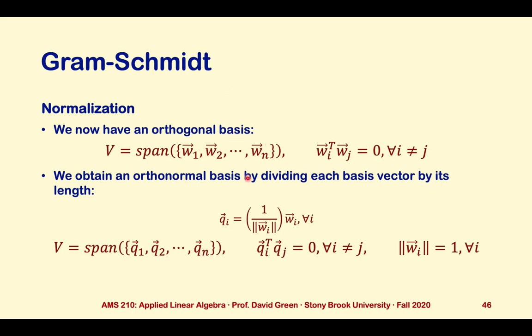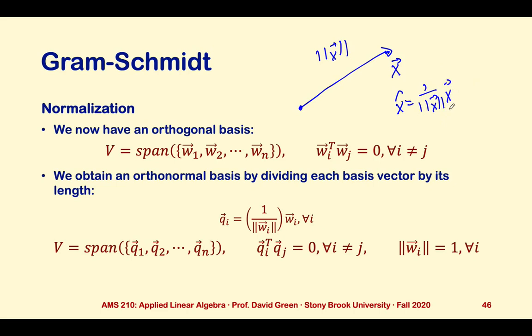This part is easy. We simply take each of these vectors and we divide each one by its length. If we start with some vector that has an arbitrary length, let's say I have some x, and its length is the norm of x. What does it look like if I define some x hat equals 1 over the norm of x times x?